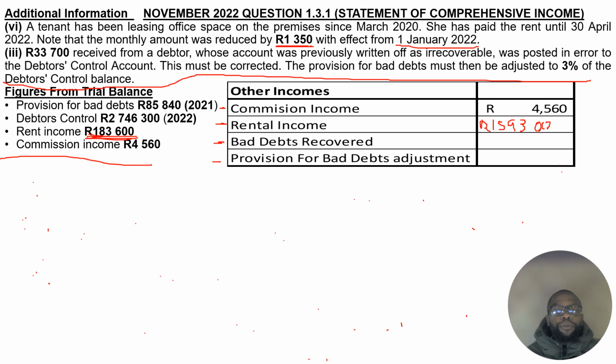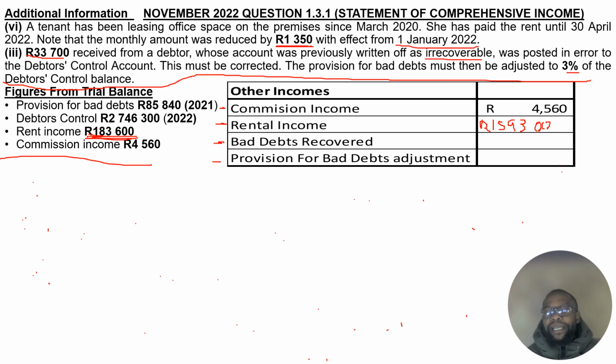So let us go to additional information number 2. 33,700 received from a debtor whose account was previously written off as irrecoverable was posted in error to the debtor's control account. This must be corrected. The provision for bad debts must then be adjusted to 3% of the debtor's control balance.